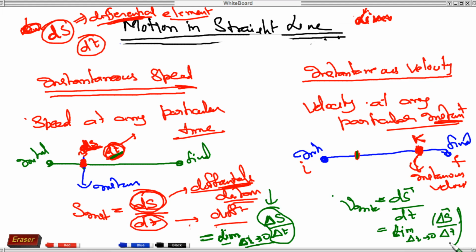Okay, this is your average velocity. And in this case of average velocity, this time interval, this delta t, is very small, it's near to 0. It's not 0, but it's near to 0. It is such a small delta t. Okay. So this is what is called instantaneous speed and instantaneous velocity.